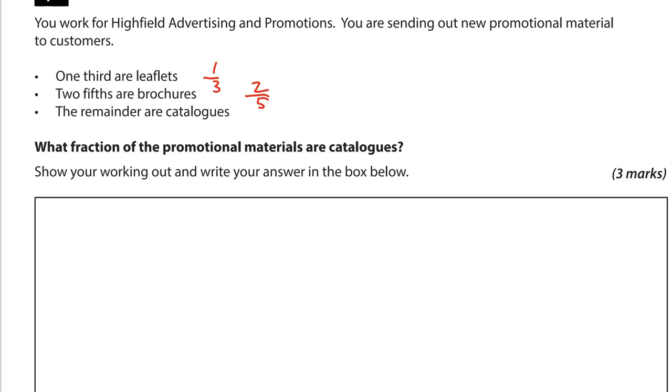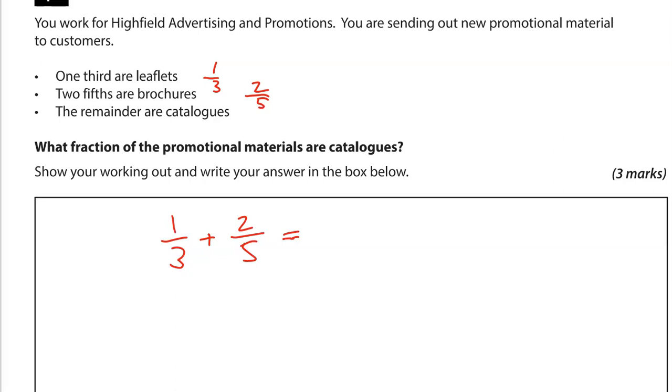So we've got to add 1/3 and 2/5 together to work out the total for leaflets and brochures, and then work out what is the remainder. So 1/3 add 2/5 first. They have 2 different denominators, so we need to find a common denominator.